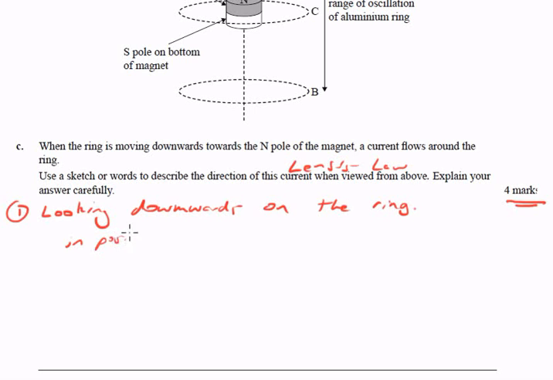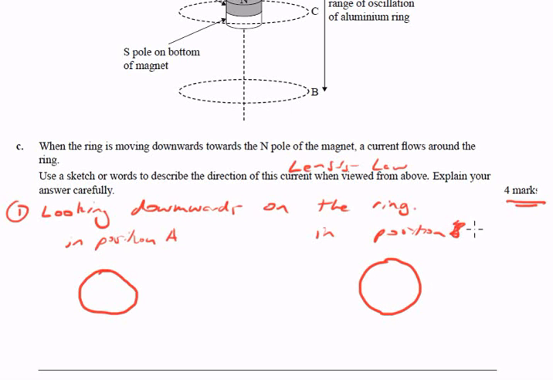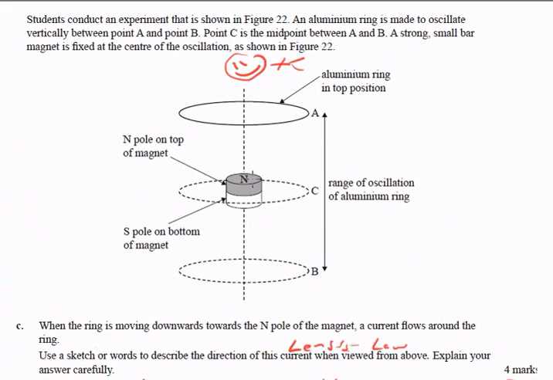so when it's in position A, the ring is like that. In position B, position C. We have, when we're down here, the field lines come out of the north into the south.